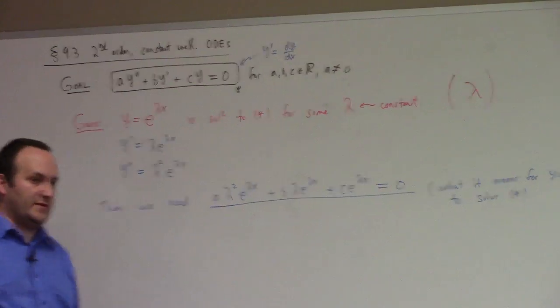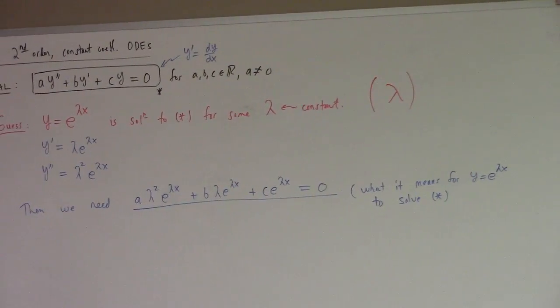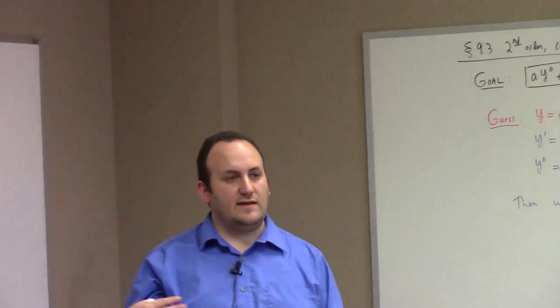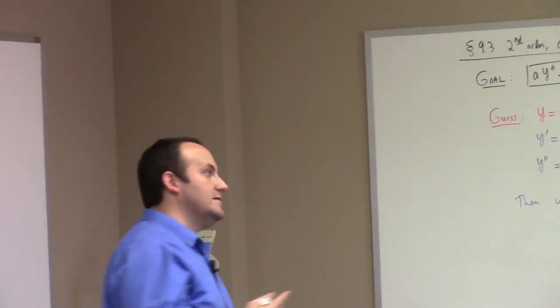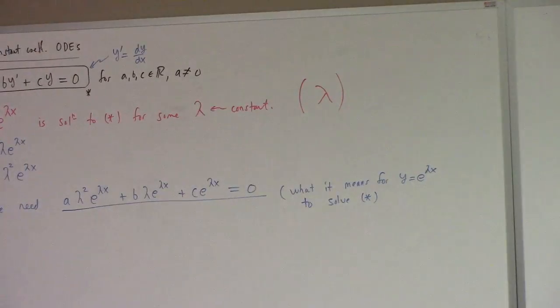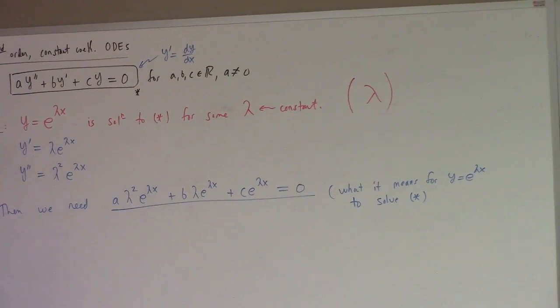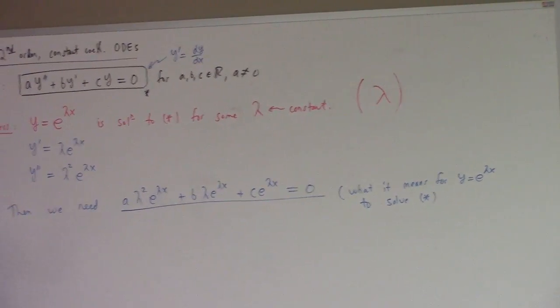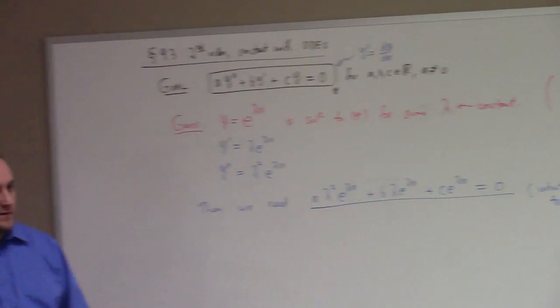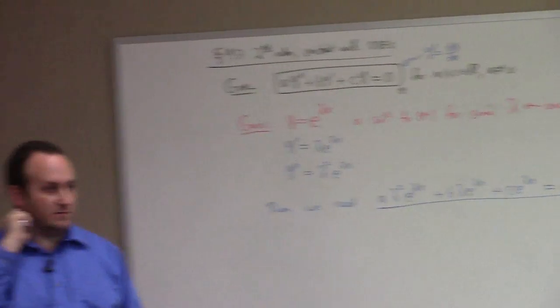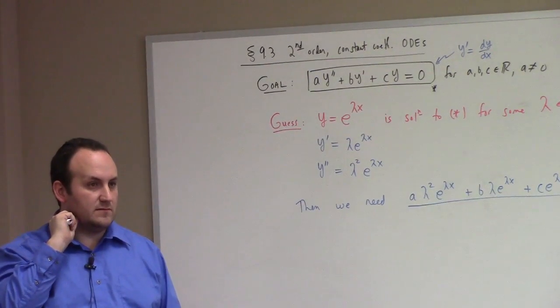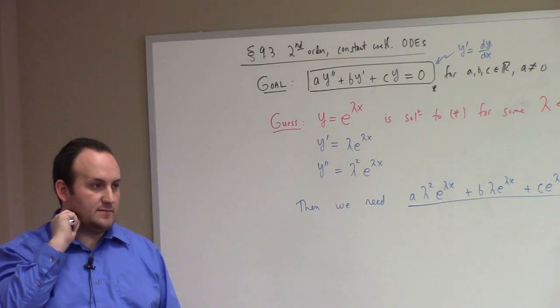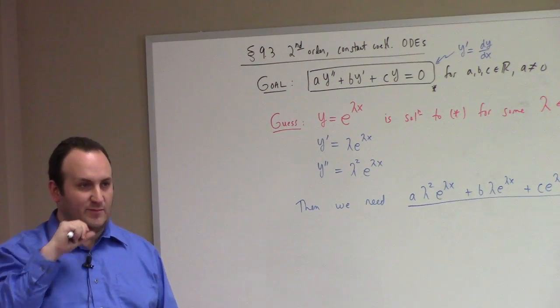What is a solution to a differential equation? It means when we plug it in, it works. So if my educated guess e to the lambda x is to work, when I plug it in, it has to solve this. Now, that's a necessary condition. Can you make that cleaner, easier to understand? Again, we can't fix the lambda problem.